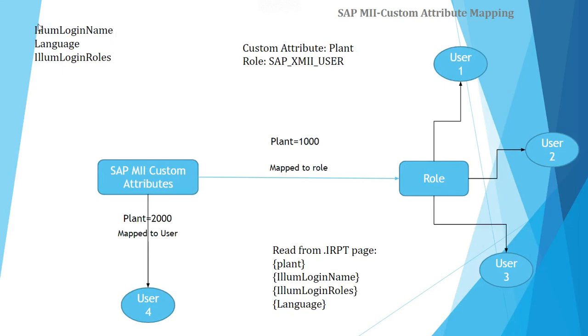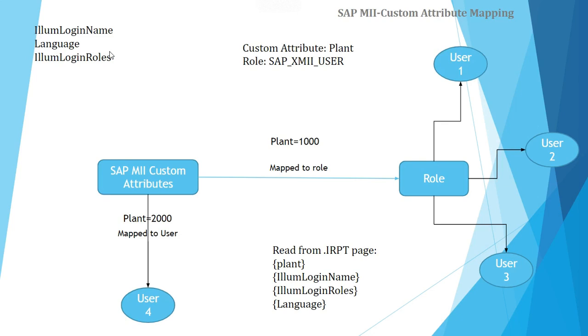Suppose there is a user and the user is logging in to SAP MII. Whenever you log in to the SAP MII system, SAP MII automatically associates some variable values with the user.